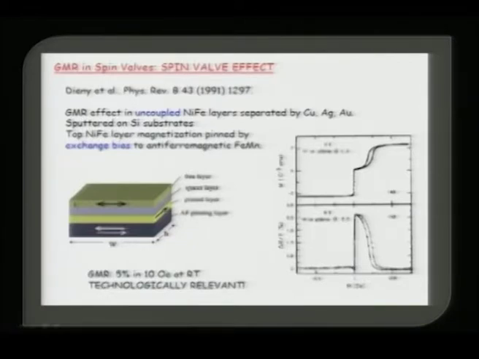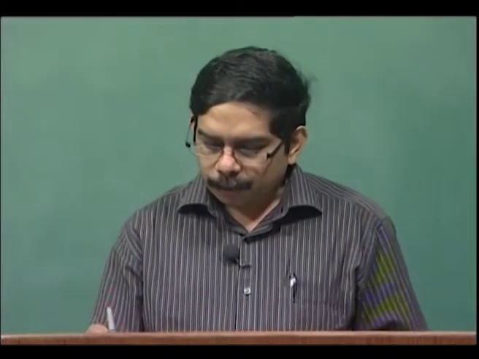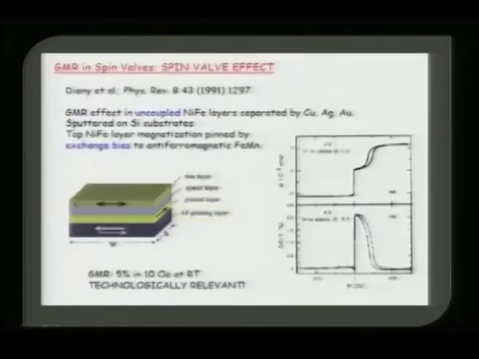I have already shown you a cartoon impressing upon the importance of it. So you have an antiferromagnetic pinning layer which is pinning a ferromagnetic layer, therefore that moment is fixed, and then you have a spacer layer and a free layer. This free layer can rotate either this way or this way freely, changing the overall resistance of the device.